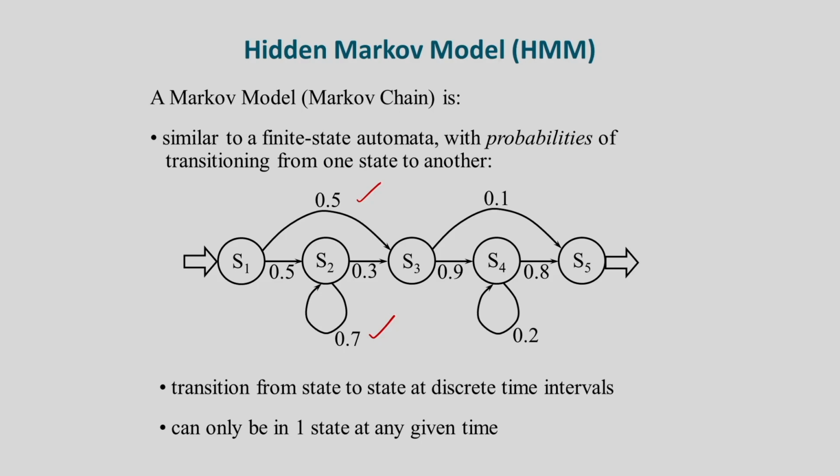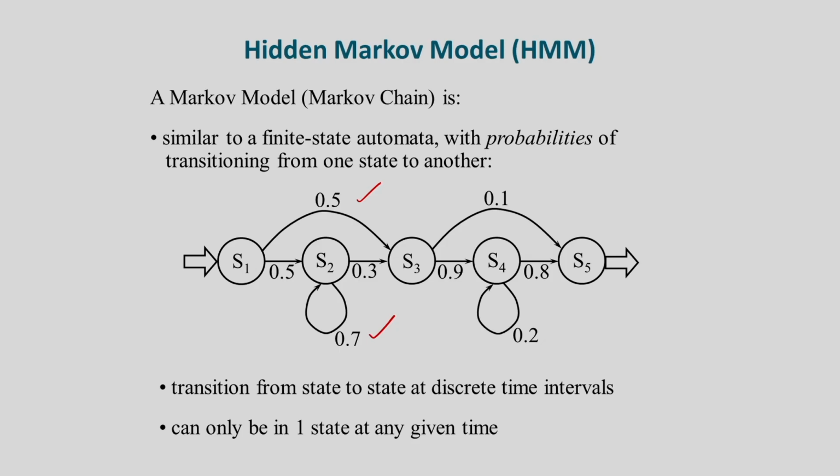That means the hidden Markov model has a finite set of states, each of which is associated with a multidimensional probability distribution. And also you can see, already I have defined, that the transitions among the states are governed by a set of probabilities called transition probabilities.